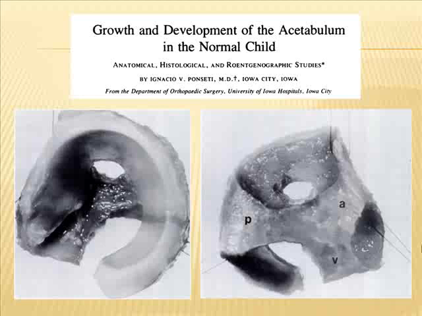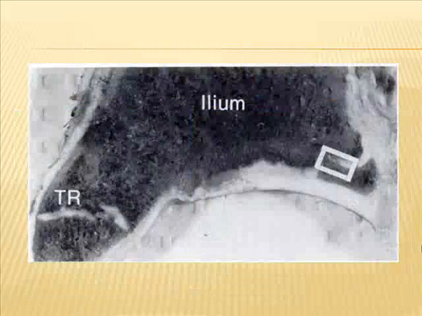the socket, of the acetabulum, and you have a very complex articular cartilage as well as growth plates that are joined as a Y in the deepest part of the socket, and this will require the presence of the femoral head.